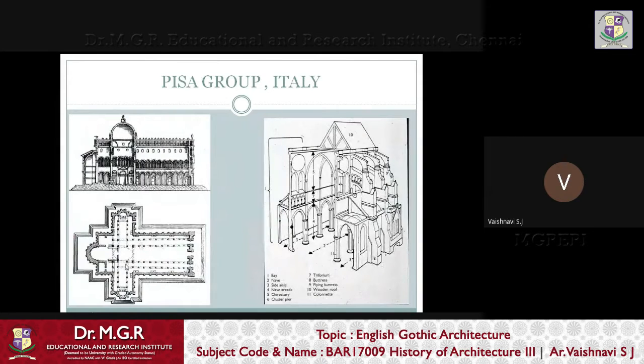Here you can see this is the plan, and you can see the part section of this, and here also you can see the part section. Okay, and this entire portion is called the bay. The span or the height of the entire structure is called the bay, and the central portion is called the nave, and the third one is called the aisle.